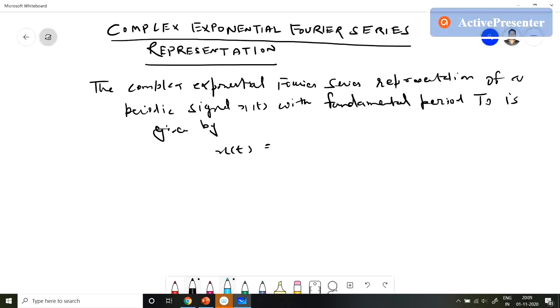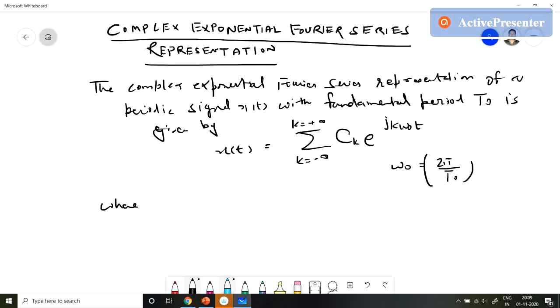x(t) is equal to summation k equals minus infinity to plus infinity of c_k e raised to the power j k omega naught t, where omega naught is equal to 2 pi divided by T naught.